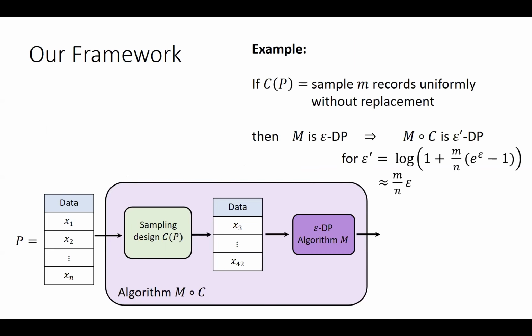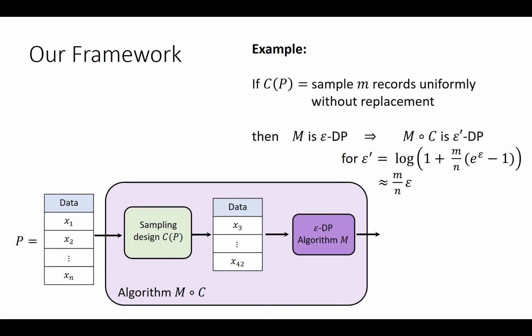All right, so just so that we're on the same page with the framework, if we look to the settings that we already understand, simple random sampling, say without replacement, if we take C of P to be the design where you sample some constant, independent of the data, M, number of records, uniformly without replacement, then the results we already saw showed that M composed with C is always epsilon prime differentially private, for epsilon prime being this expression, log of 1 plus M over N times e to the epsilon minus 1.